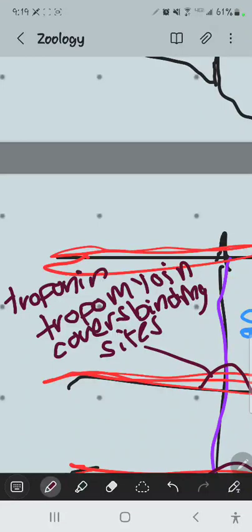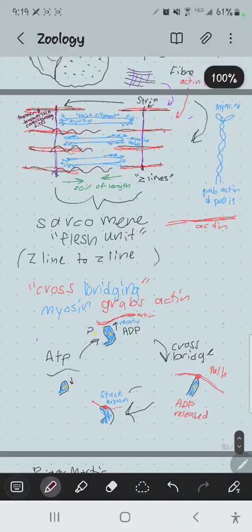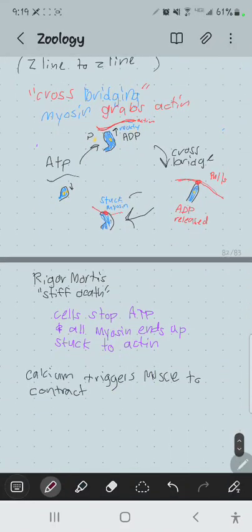What happens is when calcium is released into the muscle cell, calcium attaches to troponin, and then that separates the tropomyosin from actin. So we can simplify this as one step and just say calcium triggers troponin tropomyosin to separate from the actin. And when the tropomyosin separates from the actin, the myosin head jumps across, grabs onto the actin and pulls it. Got it?